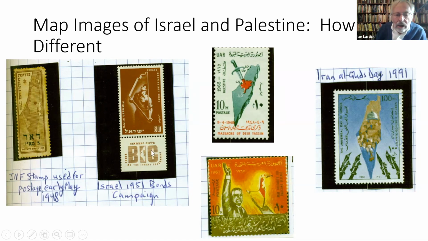But down here, BIG stands for Bonds of the Israeli Government. It's ironic that it stands for big in English, but this is a map right here of essentially the 1949 armistice lines that shows the West Bank and Gaza, the West Bank that was occupied by Jordan in 1948 and Gaza that was occupied by Egypt.